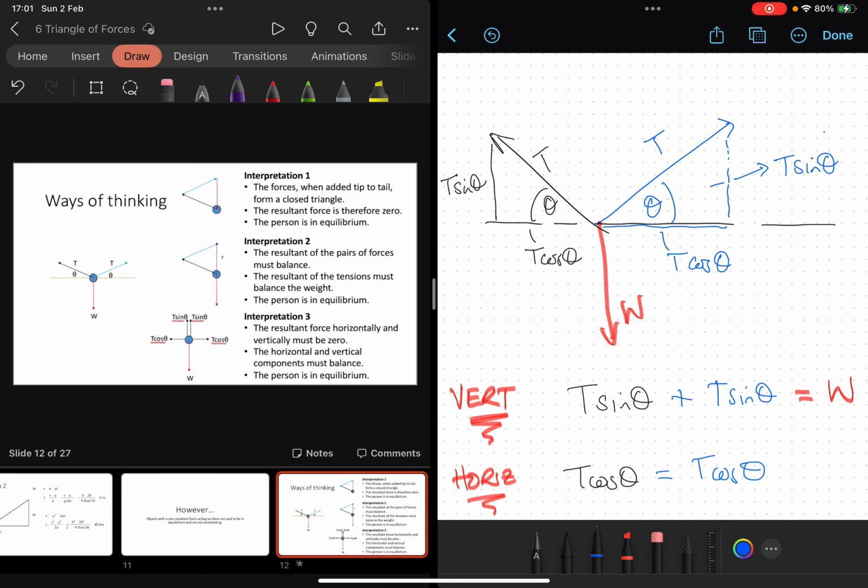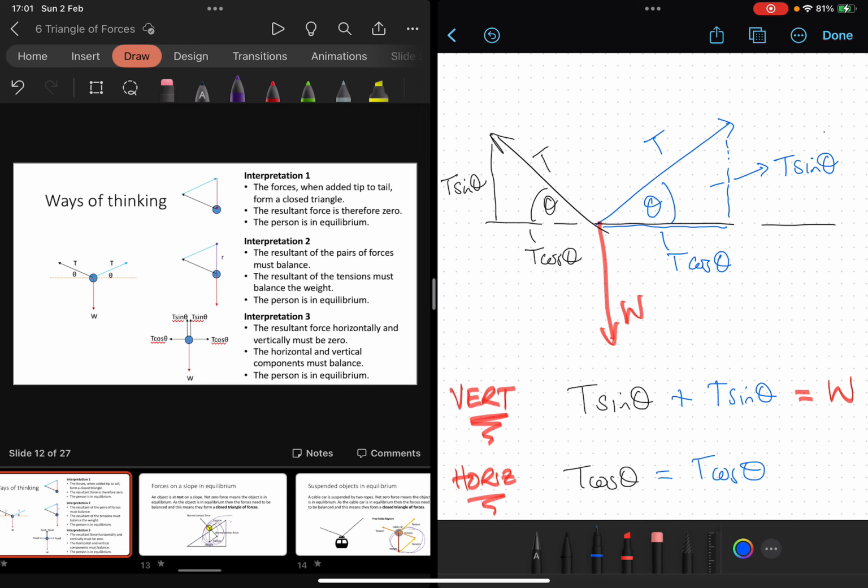Weight only acts vertically and therefore is not relevant when we're considering things from a horizontal perspective. Okay, so we've got a graphical tip to tail model for working out whether things are in equilibrium, the closed triangle idea, and then we've also got the resolving vector idea as well.